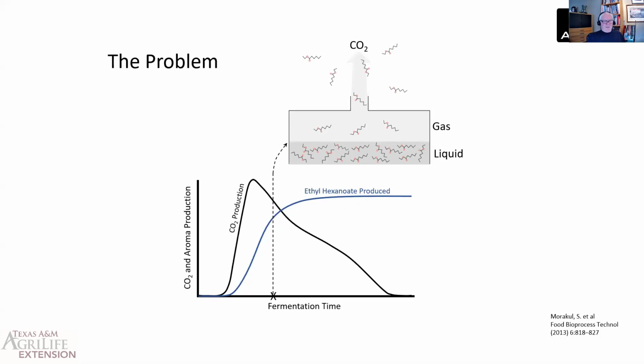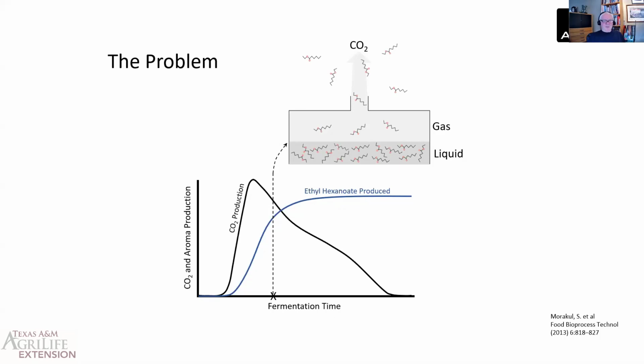Now, this would be an example, let's say, at the point marked X on the fermentation time. So it's pretty early in fermentation. There's a lot of CO2 production, and there's also been quite a bit of ethyl hexanoate produced already. So ethyl hexanoate is building up in the liquid, and because of that gas-liquid partition coefficient, it would like to escape to establish whatever it is for that compound. And so ethyl hexanoate will leave the wine and go to the headspace.